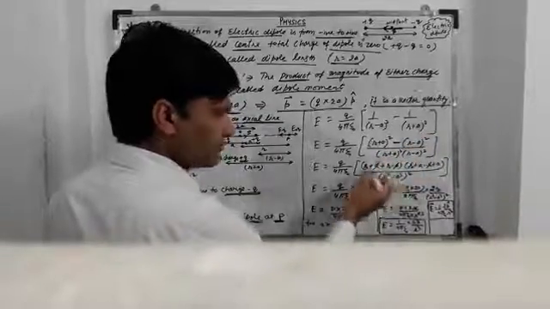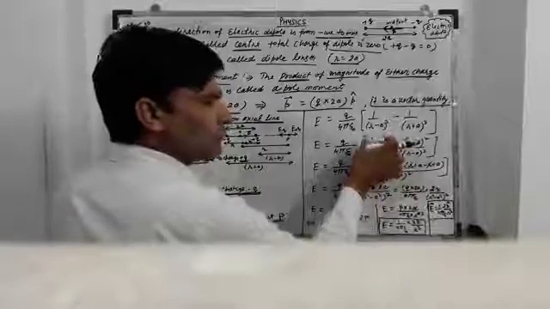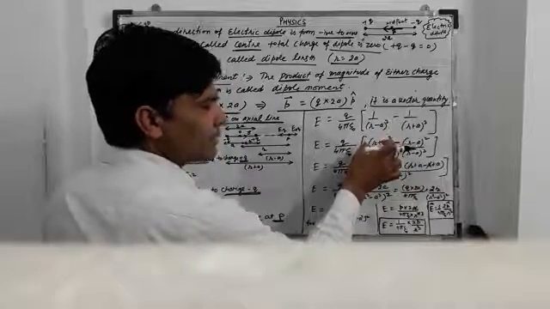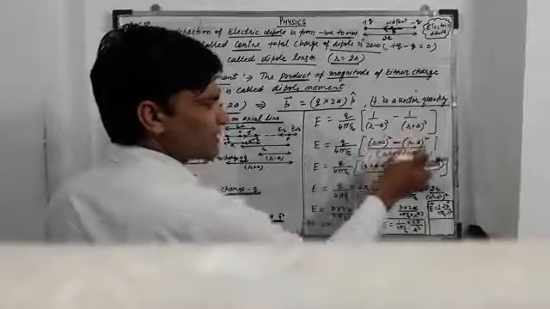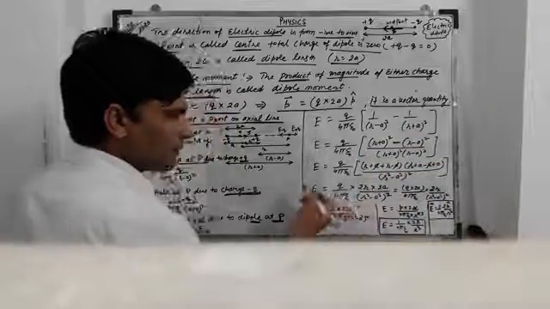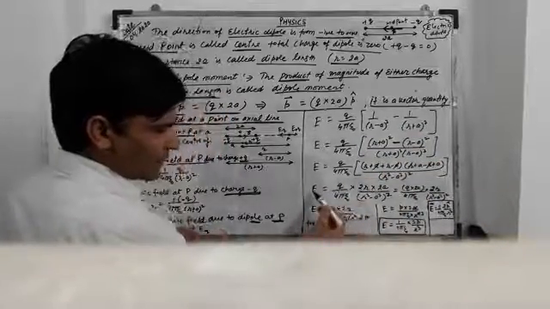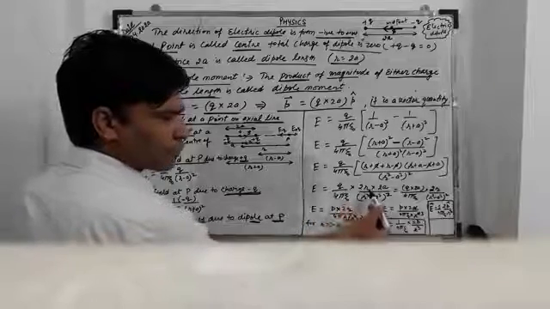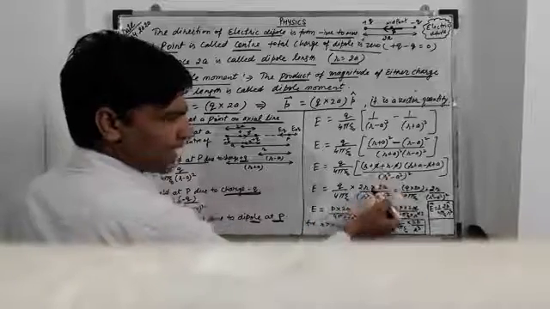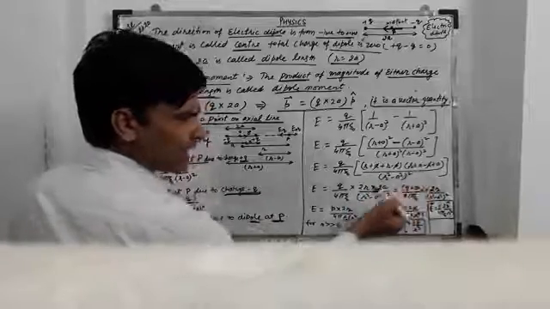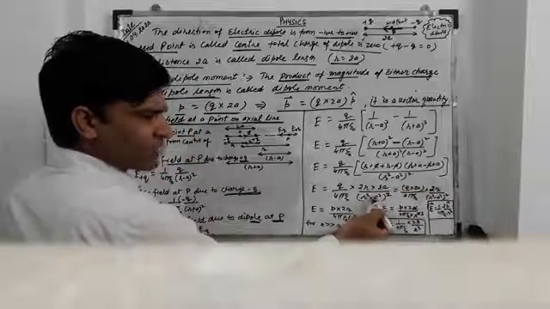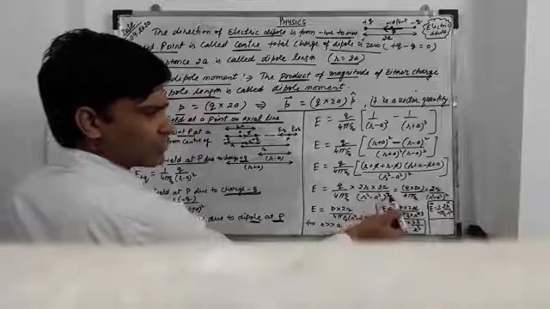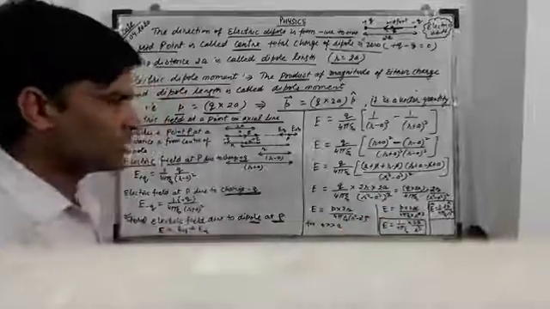Then we use the identity a square minus b square, and by this we get E is equal to q upon 4 pi epsilon naught, 2r into 2a upon (r square minus a square) whole square.